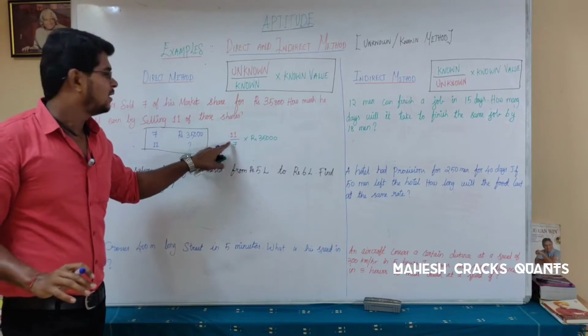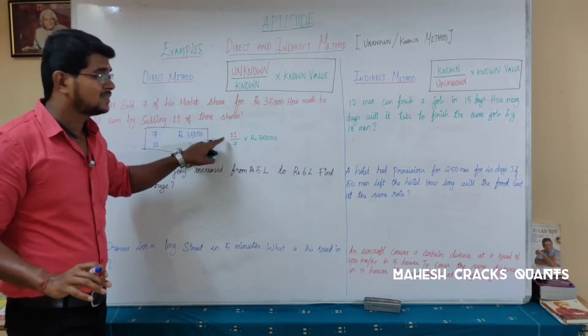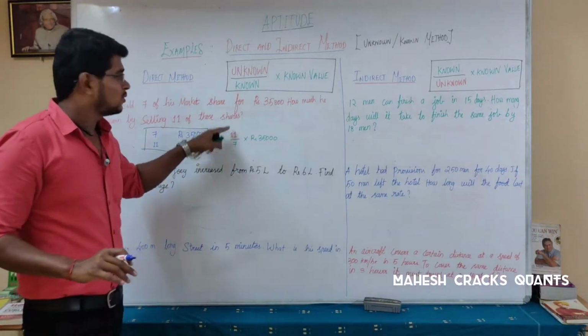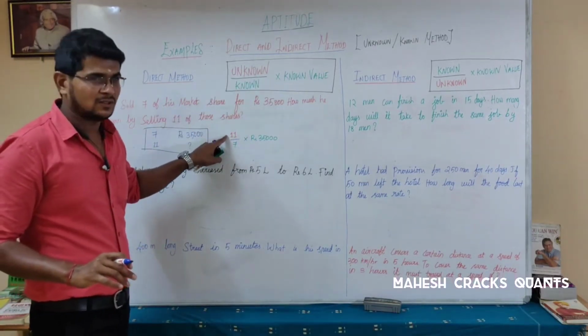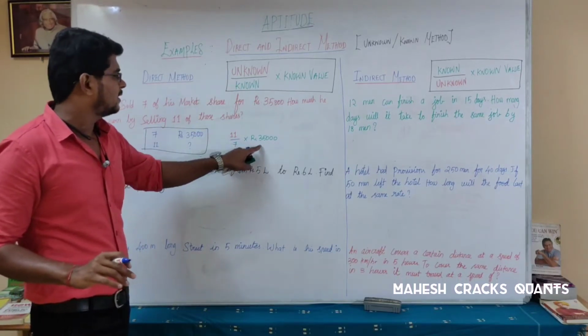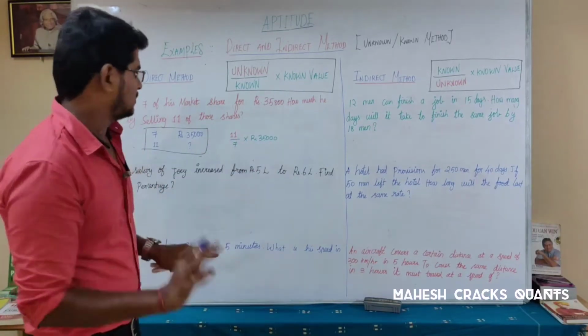7 is known because we should have both the numerator and denominator of the same type. Here 7 and 11 are the same type. 11 is the unknown, that is why 11 is in the numerator. 7 is the known, that is why 7 is in the denominator. And the known value 7 is equivalent to rupees 35,000.